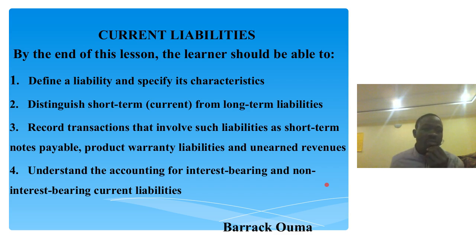I know you have learned about liabilities before, both the current and the long-term. So that is one of our objectives also in accounting for equities and liabilities. The third objective is that we should also be able to record transactions that involve liabilities such as short-term notes payable, the product warranty, and even the unearned revenues.